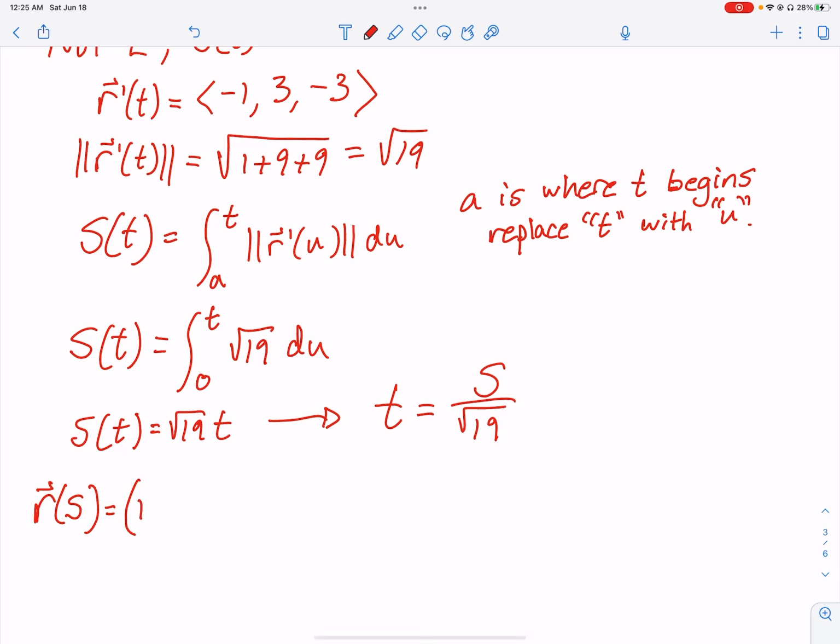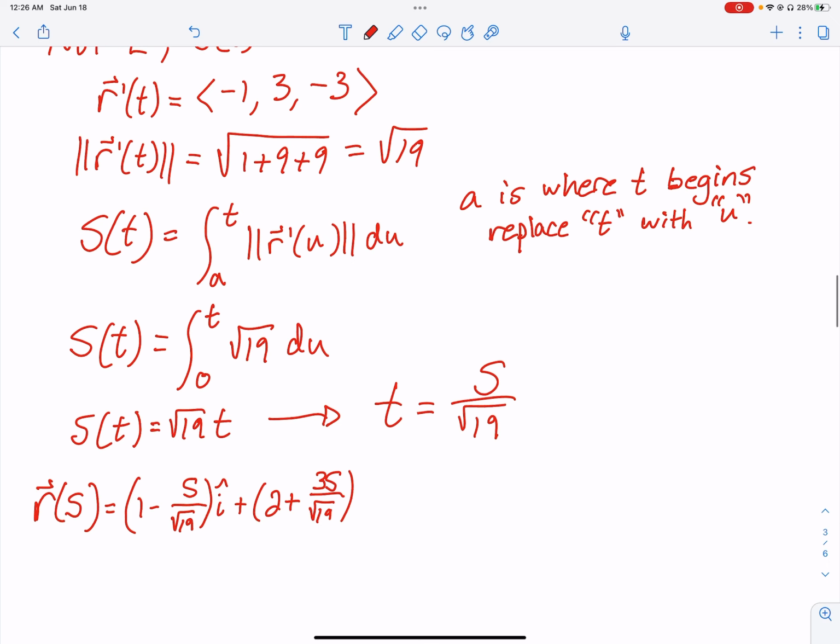It is not pretty, by the way, but now this function would tell me where I would be on this curve when I go 3 feet forward. I could plug a 3 in, because that would be my arc length, and it would tell me the point that I would be at on my curve.